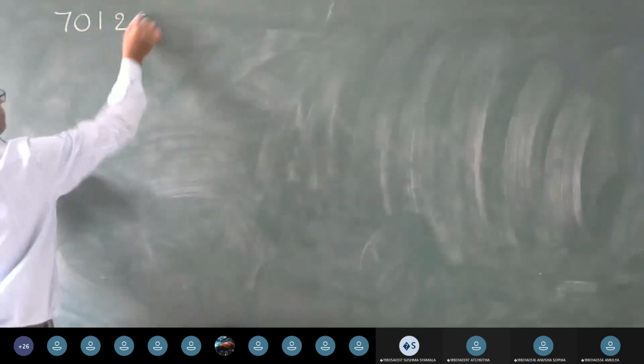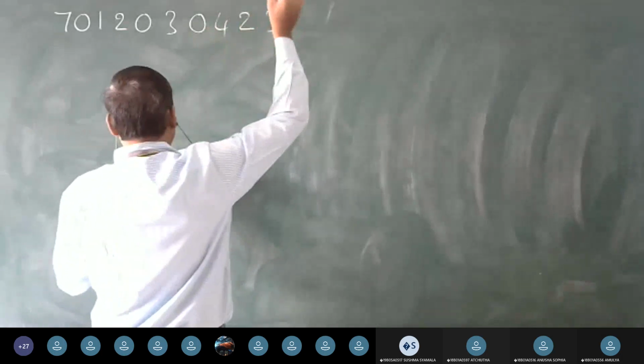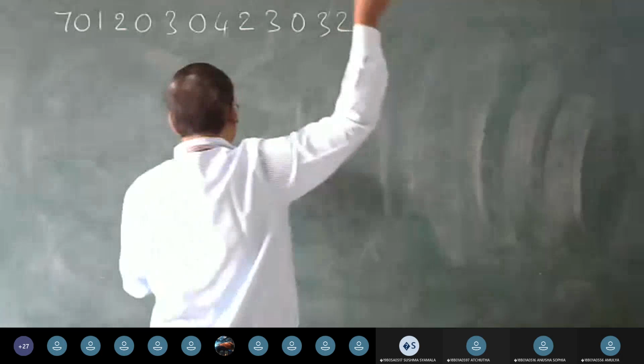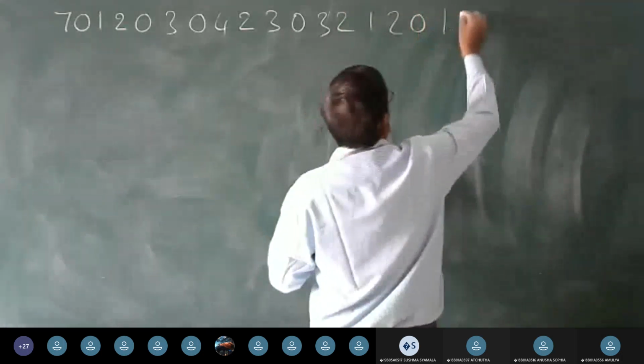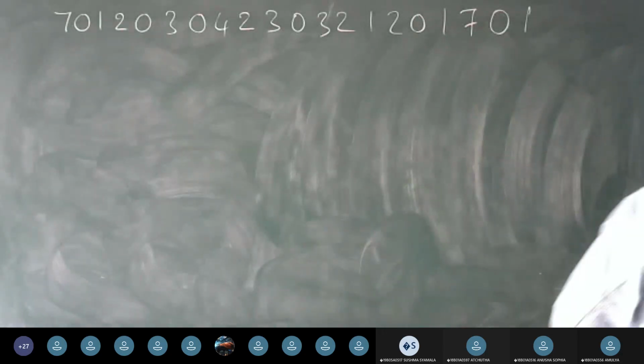The strings will be 7, 0, 1, 2, 0, 3, 0, 4, 2, 3, 0, 3, 2, 1, 2, 0, 1, 7, 0, 1. So these are the strings.